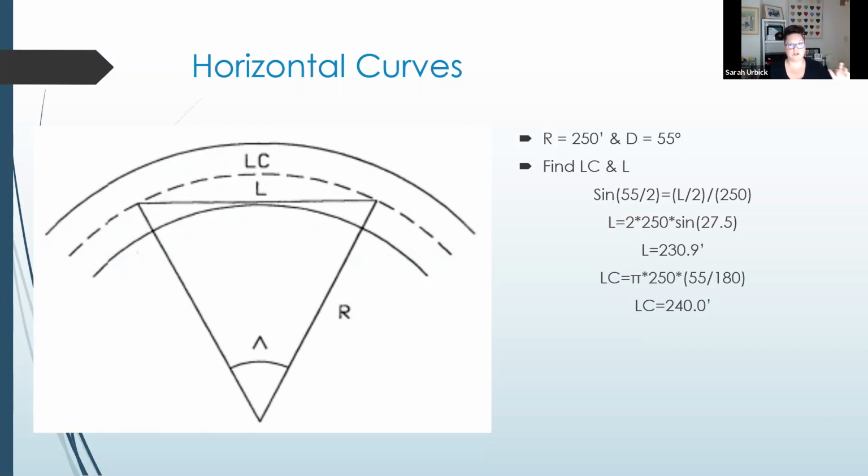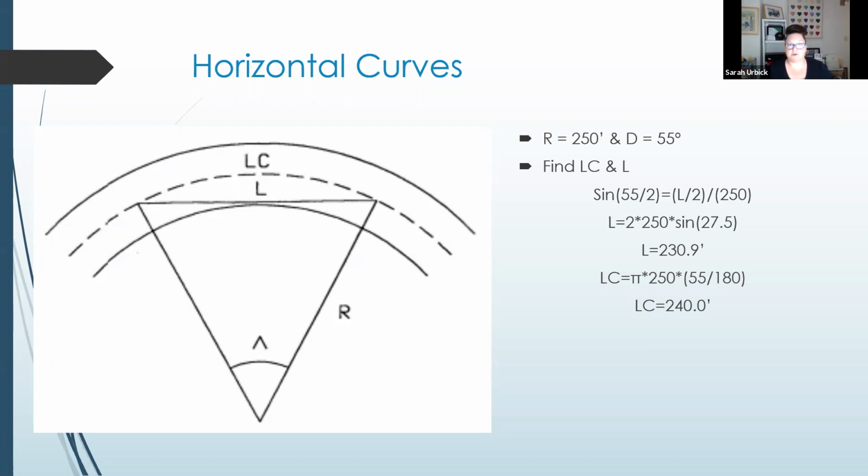One thing to watch out for is that in this particular drawing the nomenclature is reversed. LC is supposed to be the length of the chord, C is the chord length, and L would be the length of the curve. So these are a little bit backwards, but we'll clarify what we're looking for in just a minute. Basically, we're dealing with a radius and an angle.